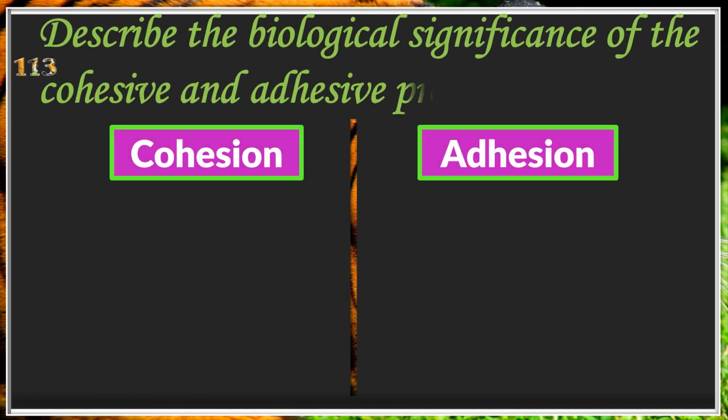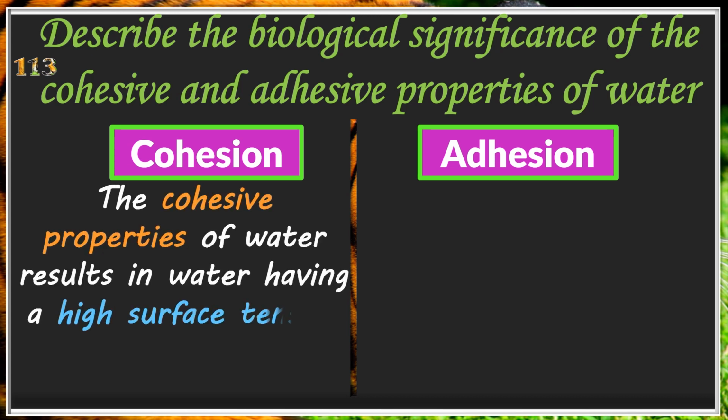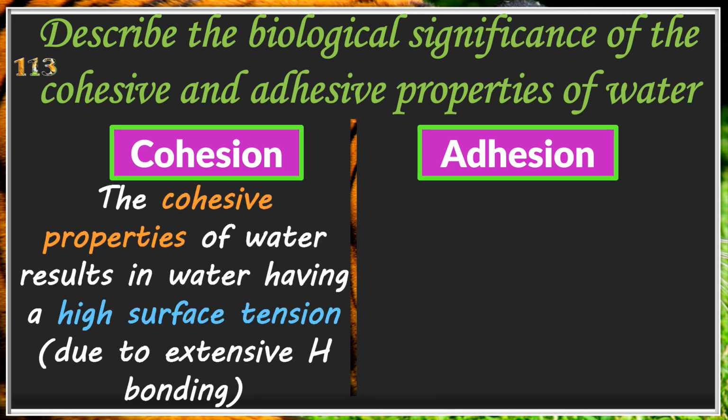Describe the biological significance of cohesive and adhesive properties of water. The cohesive property of water results in water having a high surface tension, and this is due to the extensive hydrogen bonding.